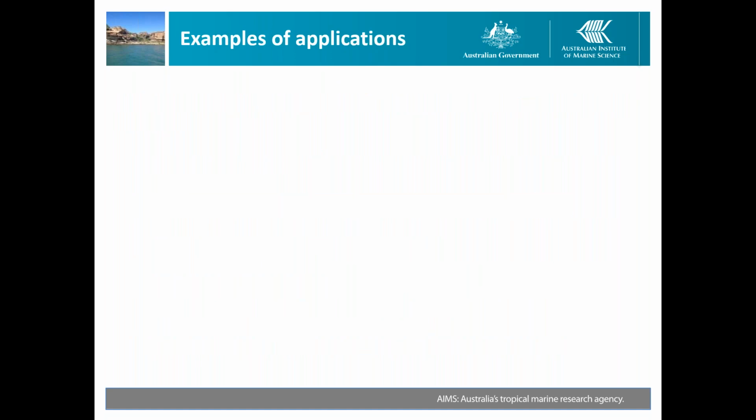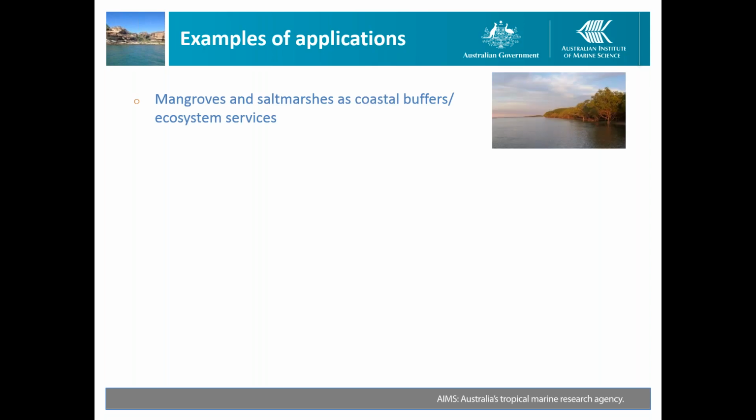Outcomes from the nutrient cycling project can be to the considerable benefit of tropical ports, but also to coastal management across their home nations. Examples are mangroves and salt marshes, appreciated for their role as coastal buffers and providers of wide-ranging ecosystem services.